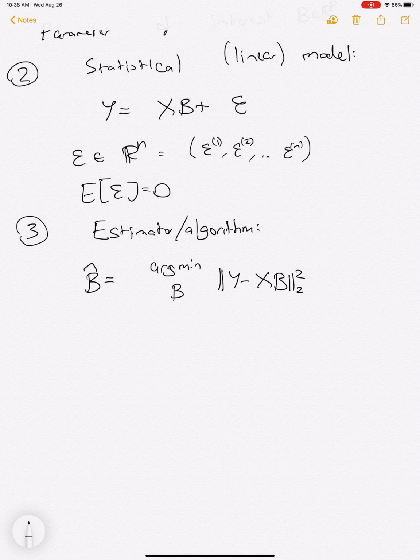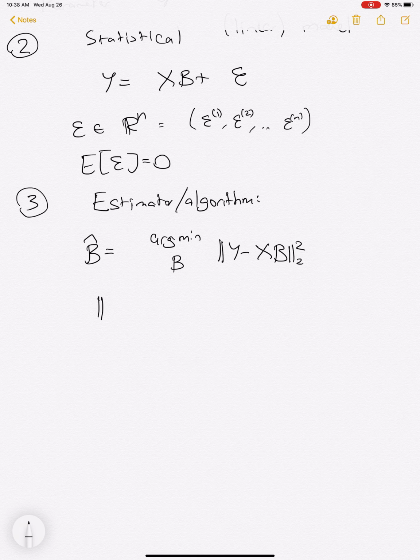I've introduced another little bit of notation here, where we're using this notion of a squared norm, which is just the sum of i equals 1 to n of v_i squared.